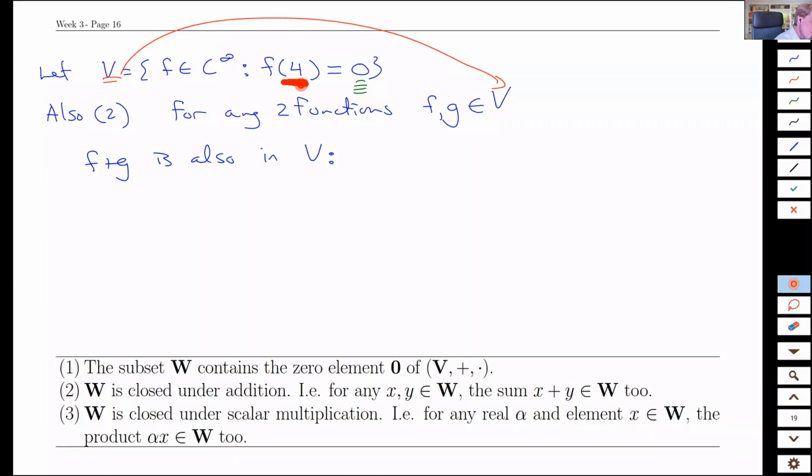What do we need to test? We need to test whether f plus g at 4 is equal to 0.